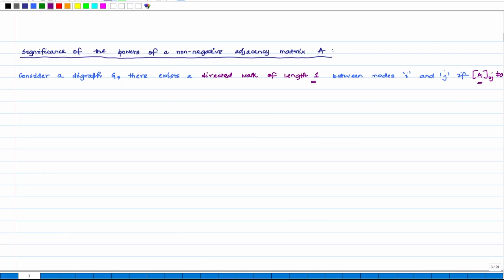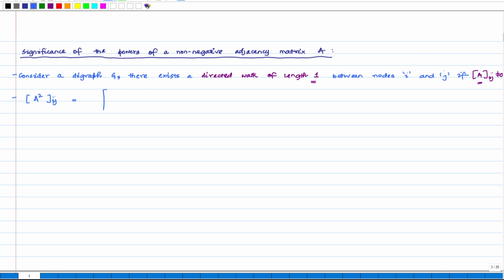Let us start with a simple case of A square and see, does A square actually talk about walks of length 2? Now, let us check that. So, what is the ijth entry of A square?